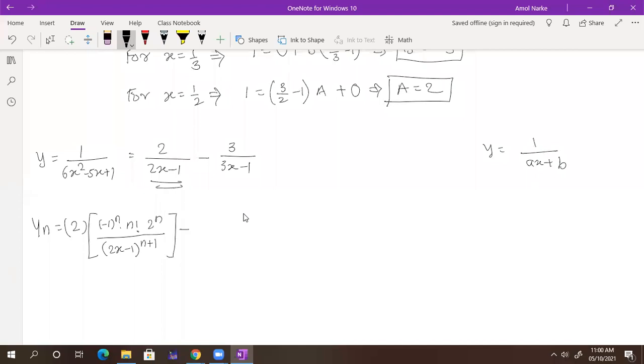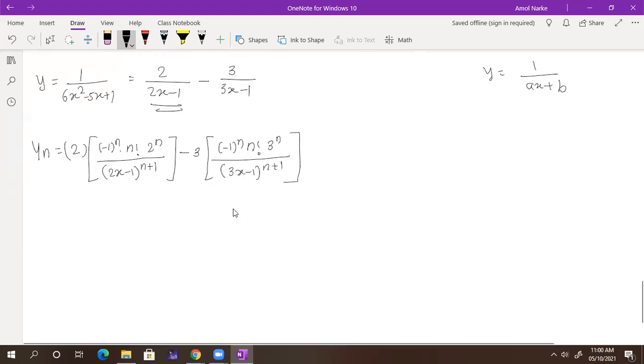That minus sign stays as it is, minus 3 you can write as it is. The nth derivative of that function is minus 1 raised to n, n factorial, here 3 to the power n, and the whole thing divided by 3x minus 1 to the power n plus 1. That's it. This is your nth derivative. If you want to take the common factor, you can. Take minus 1 raised to n and n factorial common.